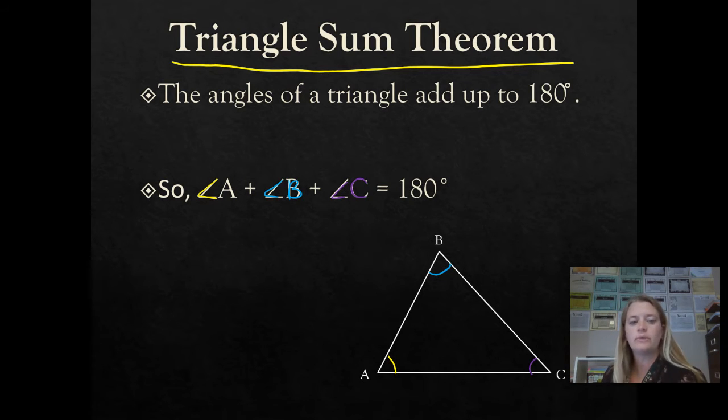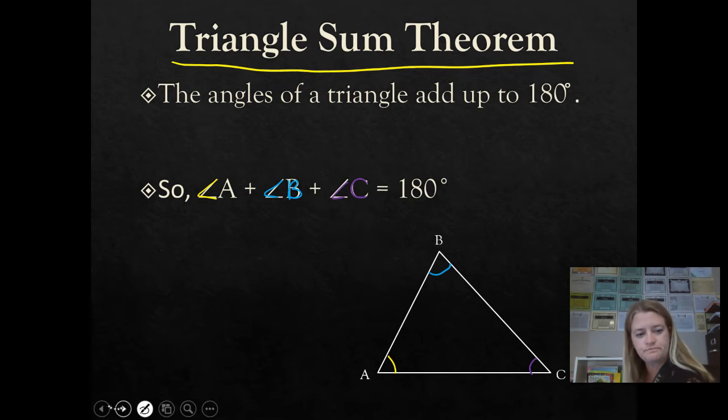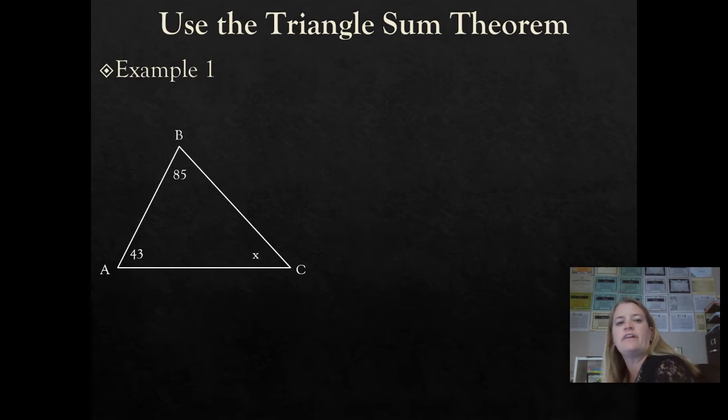All right, so now that we have our triangle sum theorem, we're going to use that to solve some problems. You'll see here we have a triangle, and we have that angle A is 43 degrees, angle B is 85, and angle C we do not know.